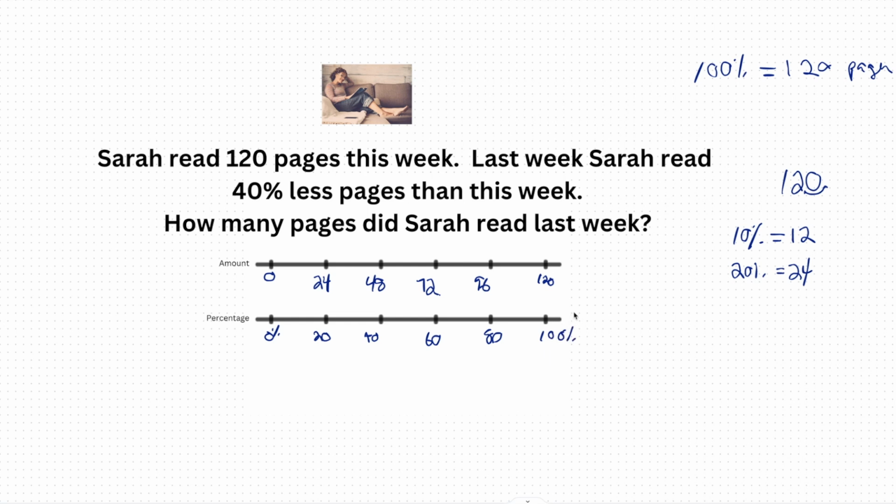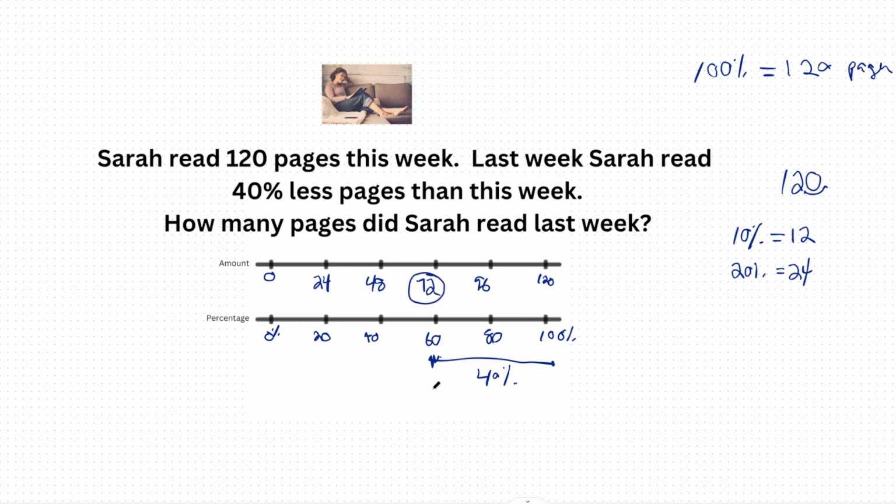Now that we have the double number line made up, we can figure out the answer. It says last week Sarah read 40% less than this week. So all we need to do is go back 40%. I'm going to go back all the way to 60, because this is a 40% gap from 100 to 60. And our answer is going to be 72 pages.